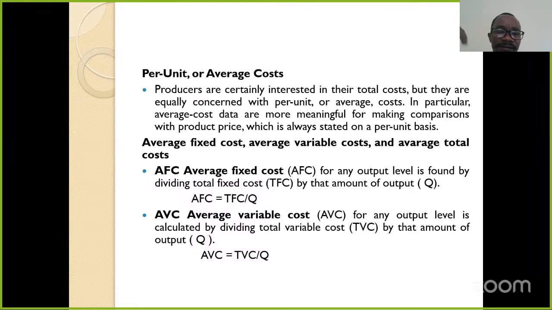So we have average fixed cost, where you divide the total fixed cost by the quantity produced or sold. Then we have average variable cost, AVC, which is total variable cost over the quantity.